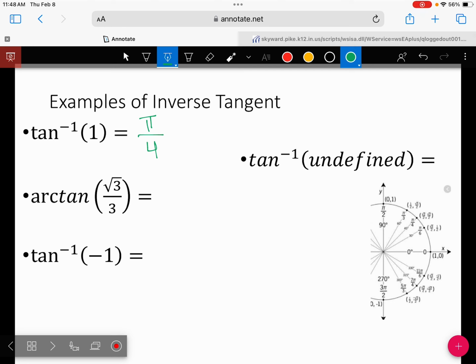Which 2 points give us an undefined slope, or that vertical line? Pi over 2 and negative pi over 2. Which one do we pick? Which one is actually included in our domain restriction for inverse tangent? Pi over 2, yep.